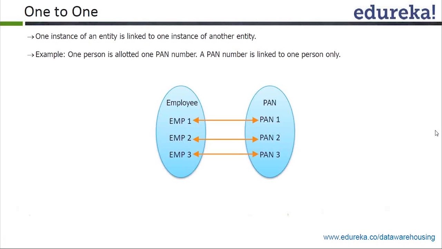So yeah, the first type of relationship is one-to-one relationship, in which each element in one entity is related to only one element in the other entity and vice versa. So in this case, there is an employee entity and there is a PAN entity.